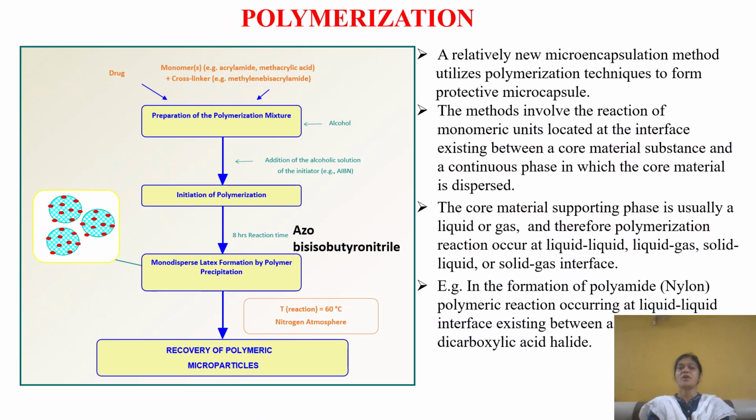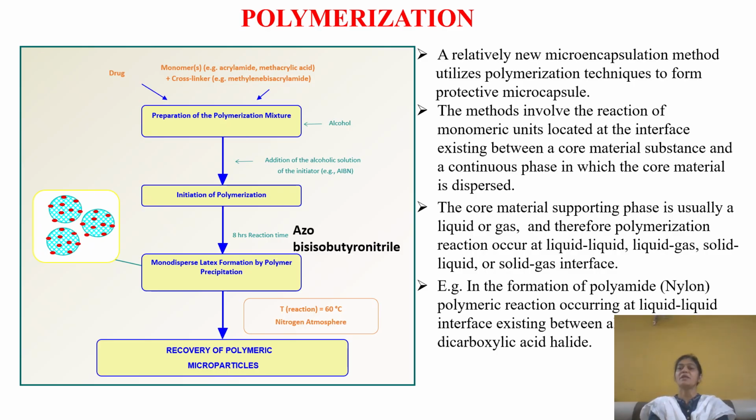Next is the polymerization technique. This is a new microencapsulation method, where polymerization techniques are utilized to form protective microcapsules. This method involves the reaction of monomeric units located at the interface existing between a core material substance and the continuous phase in which the core material is dispersed.